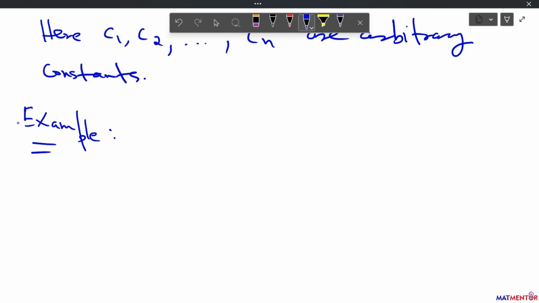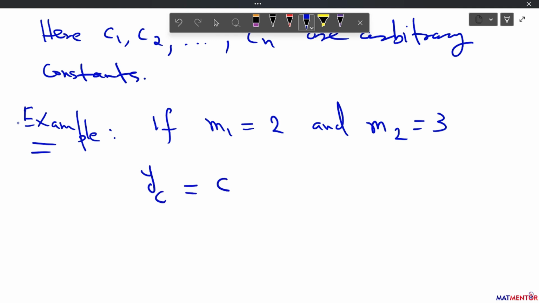Example: if m1 is 2 and m2 is 3, now I have two roots. One is 2 and the other is 3. So yc will become c1 e raised to power 2x plus c2 e raised to power 3x.